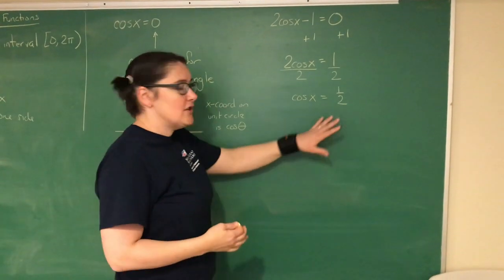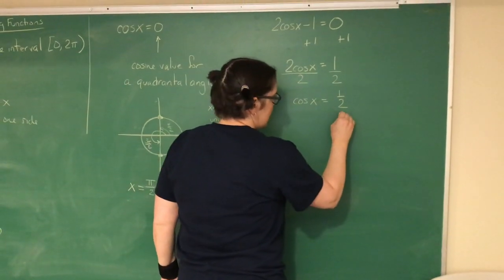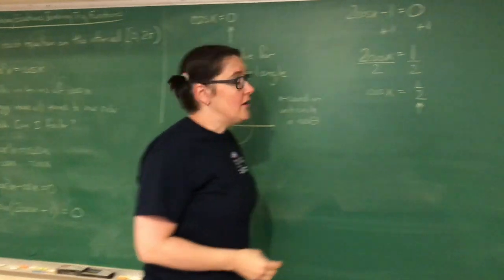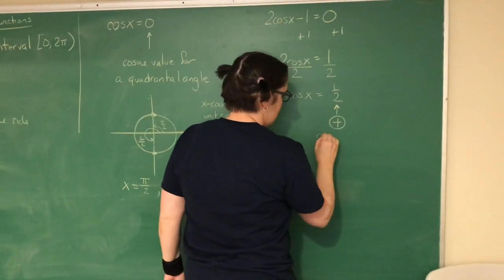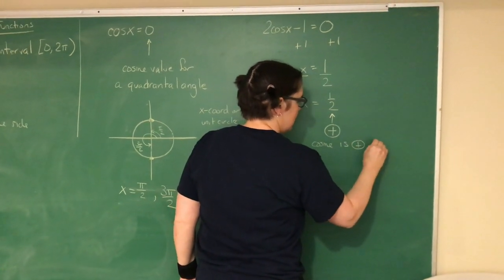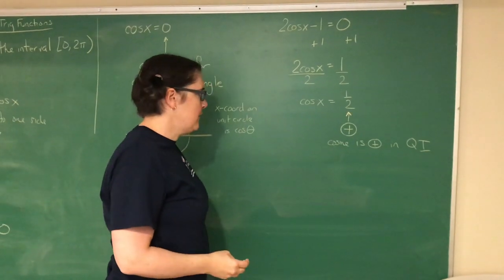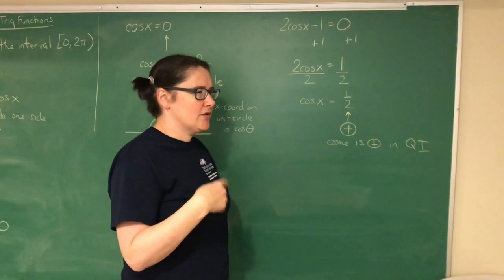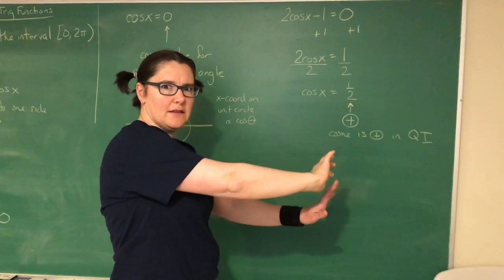Okay, so now this 1/2 is one of those cosine values that goes along with one of our special angles. So my strategy here for figuring out what these angles are is to think first about the sign, S-I-G-N, of 1/2, and this value is positive, and cosine is positive in quadrant 1 for sure. Cosine is x over r, and x is positive on the right-hand side.